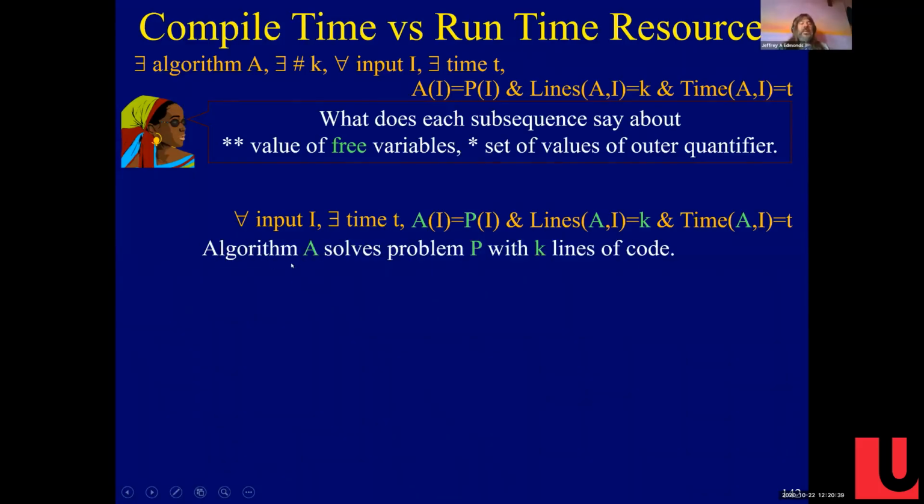So we simply say algorithm A solves problem P with K lines of code, right? Here I'm talking about the free variables. Algorithm A solves problem P with K lines of code. You know, I didn't mention the input. I didn't mention the time. Now, here I'm going to put a little extra thing. I'm going to actually say, and the time will depend on the input, right?